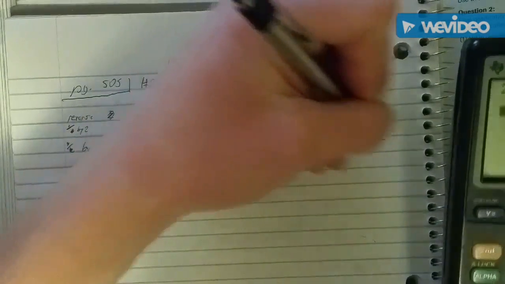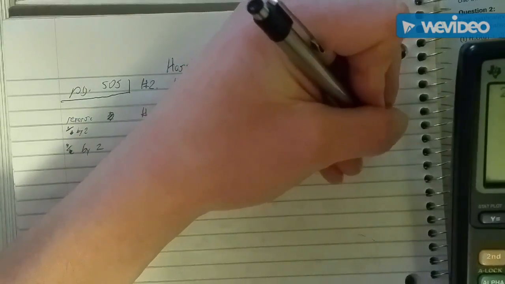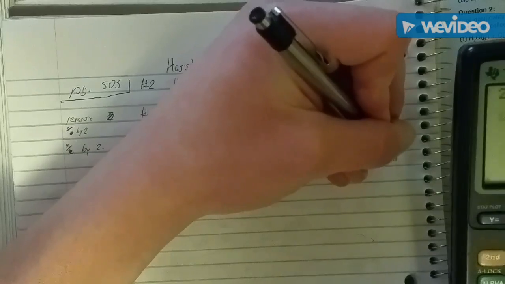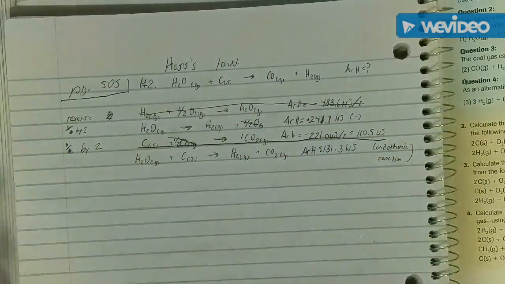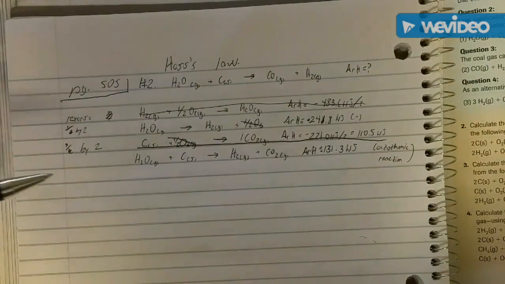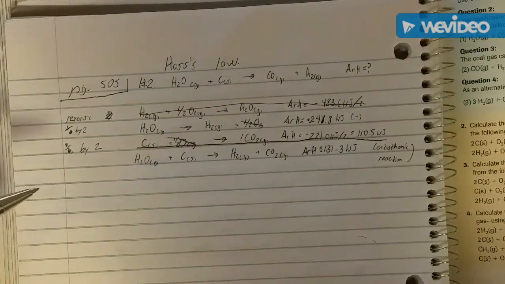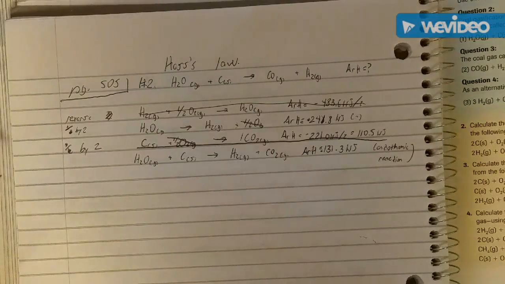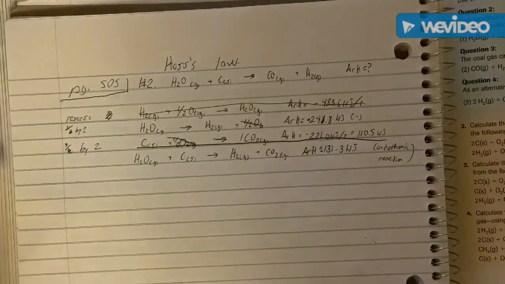Positive, meaning it's an endothermic reaction. Using Hess's law, we can determine if any reaction is endo or exo by calculating it. Along with that, we can figure out what our delta RH is of any reaction.